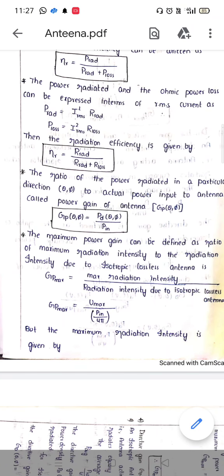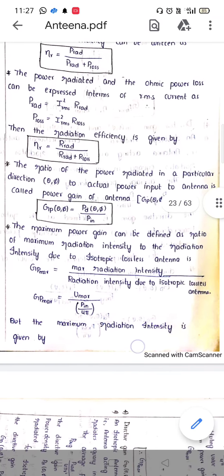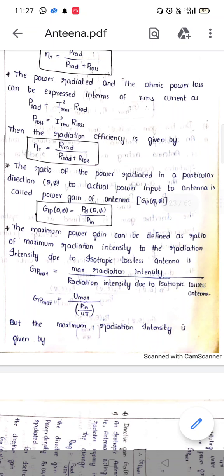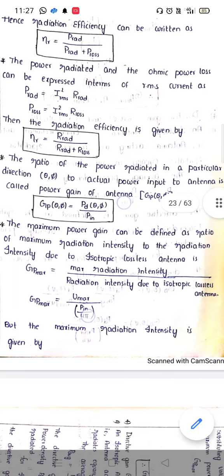So the maximum power gain is defined as the ratio of the maximum radiation intensity to the radiation intensity due to the isotropic lossless antenna. It is defined as GP max, which is equal to U max divided by P in by 4 pi.